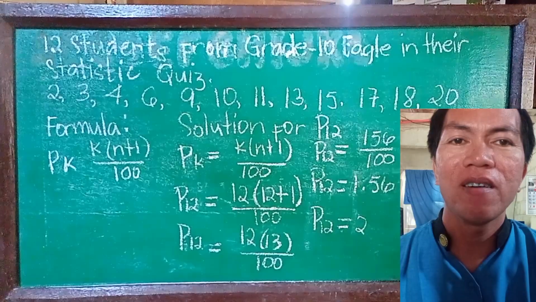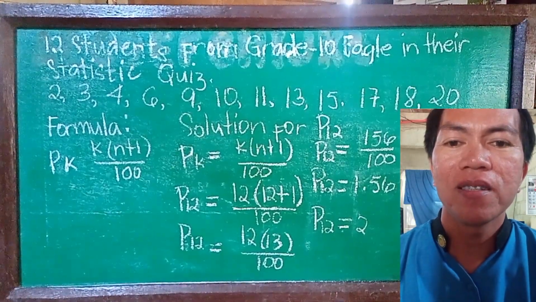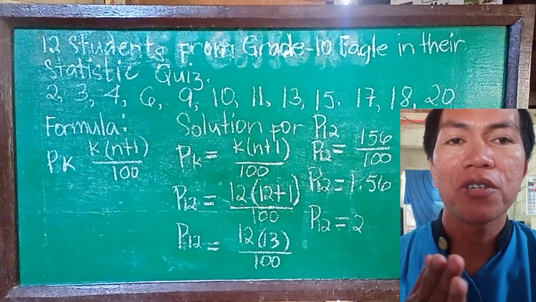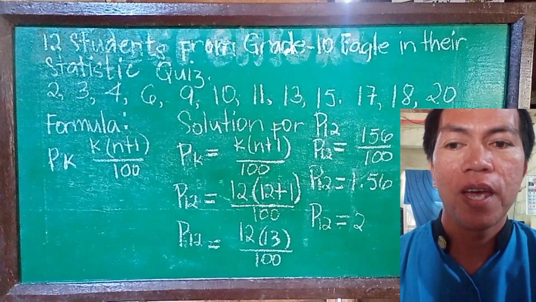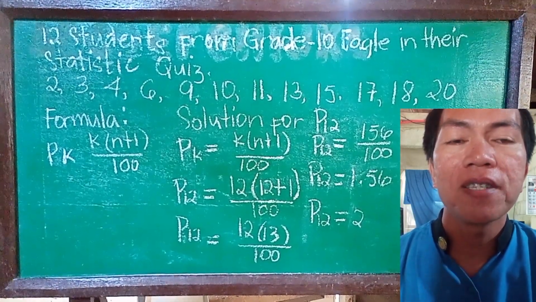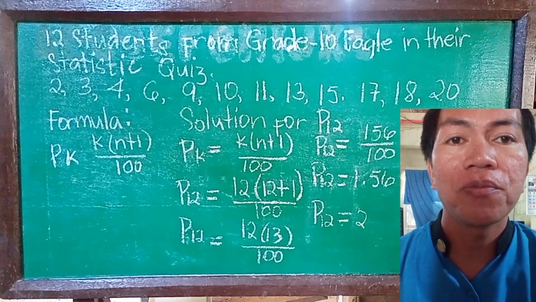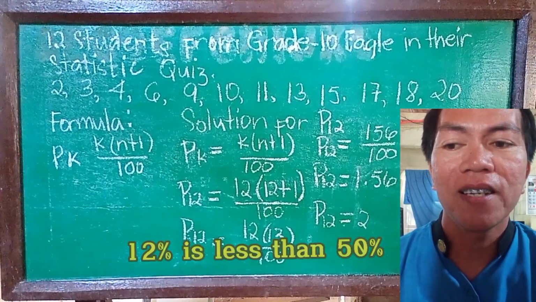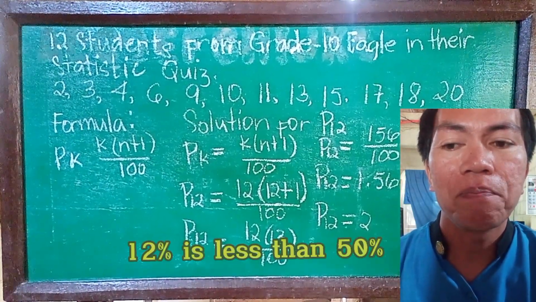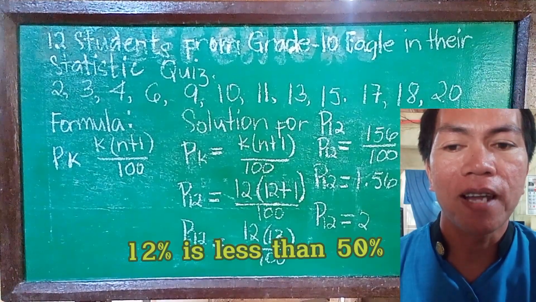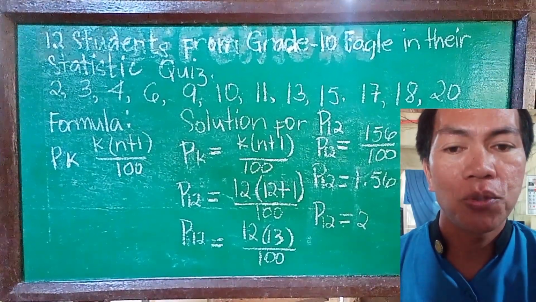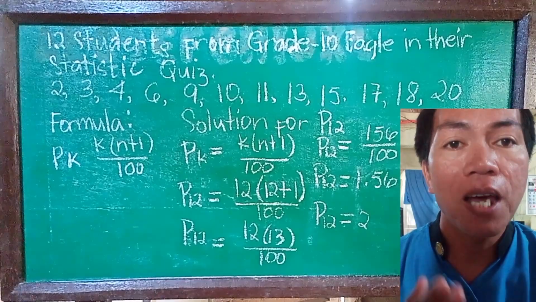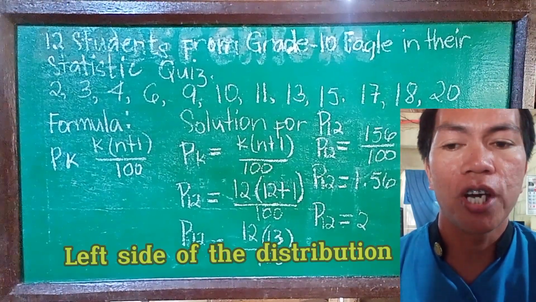Now, applying the Mendenhall and Sincich method, since we are looking for the position of percentile 12, and we all know that percentile 12 is equivalent to 12%, and 12% is less than 50%, then this percentile 12 is located at the left side of the distribution.